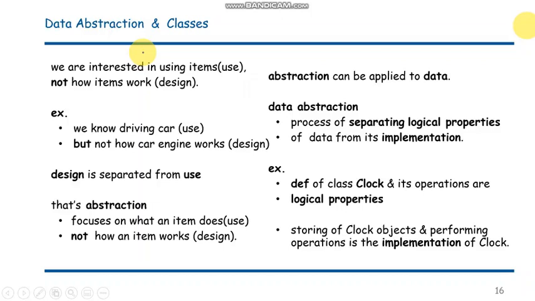Again, you see this concept of separating the design from use. This is what is called abstraction. It focuses on what an item does, the item's use, not on how the item works, that is the design.